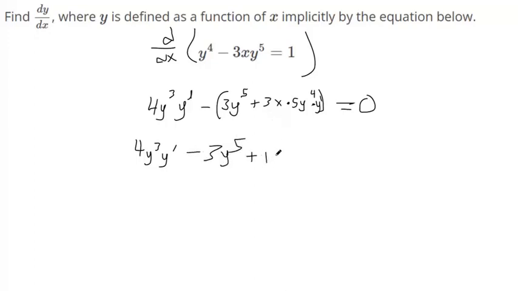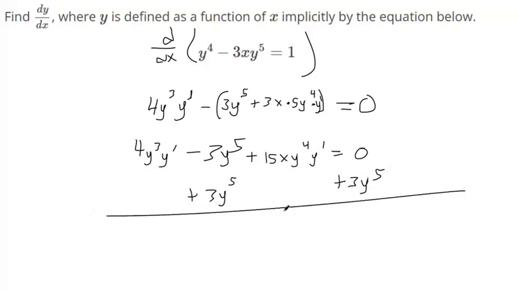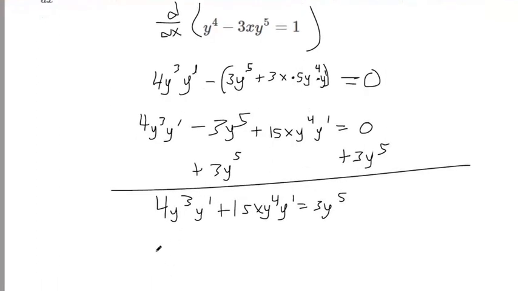3 times 5 is 15x, y to the fourth, y prime. And I want just y prime terms in this side because that's what I'm trying to solve for. So let's add this 3y to the fifth to both sides. Then we can factor out a y prime from everything.